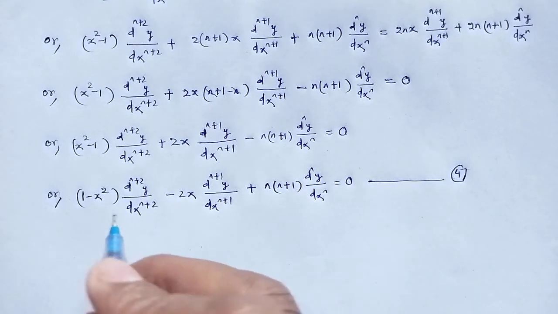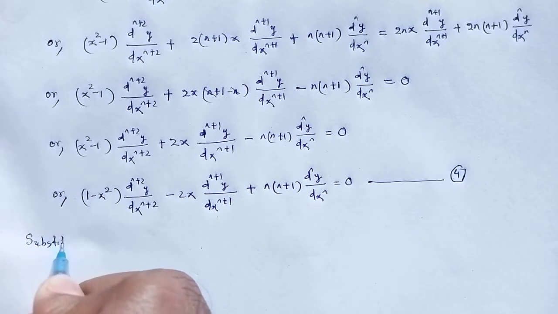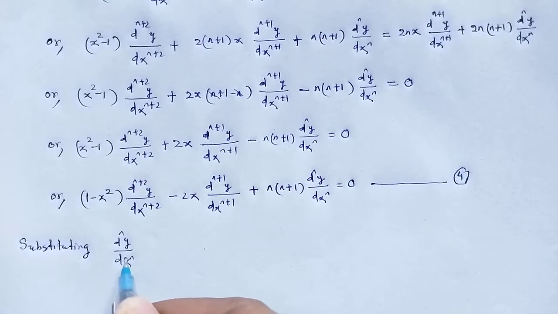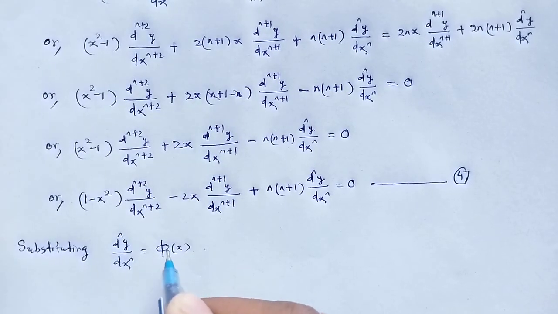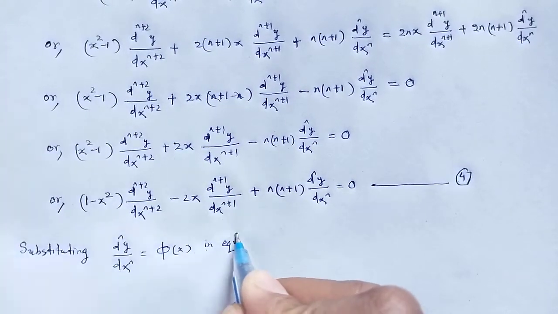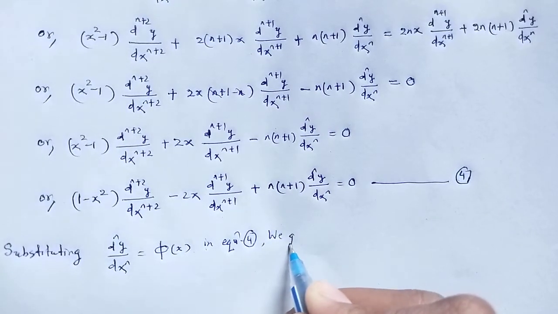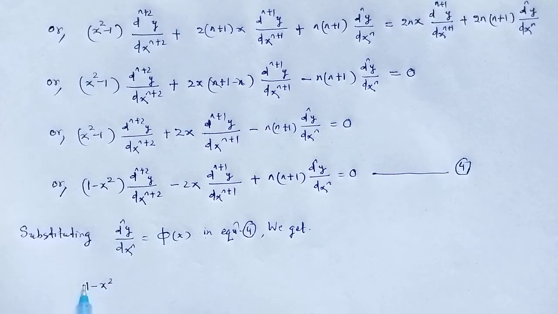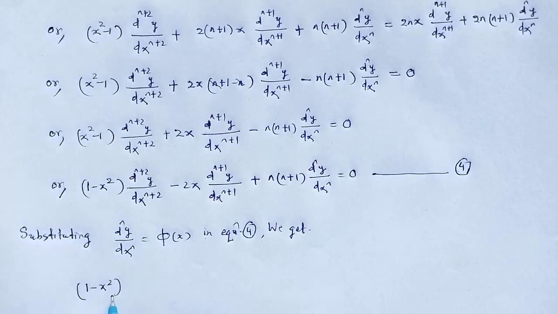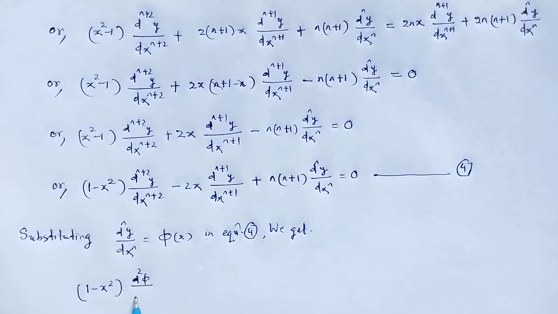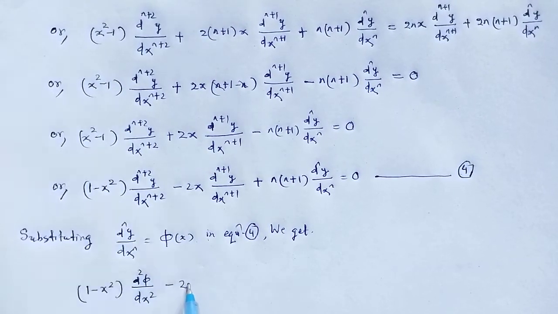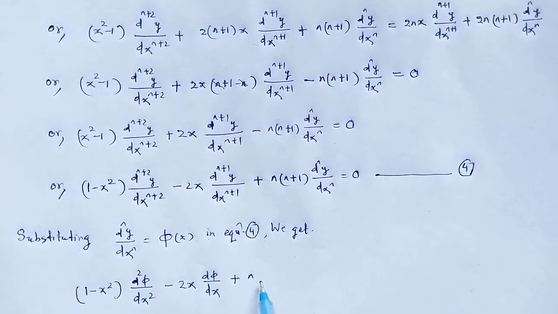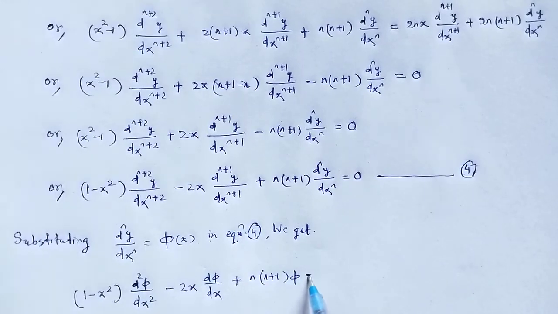Now substituting dⁿy/dxⁿ as φ of x in equation number 4, we get (1 − x²) d²φ/dx² minus 2x dφ/dx plus n(n+1)φ is equal to 0.